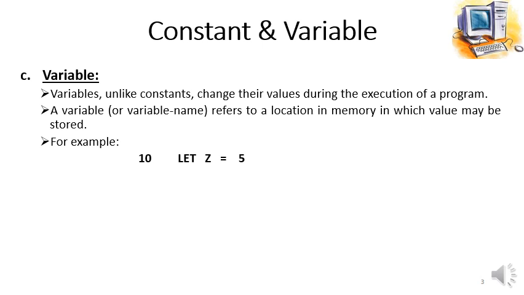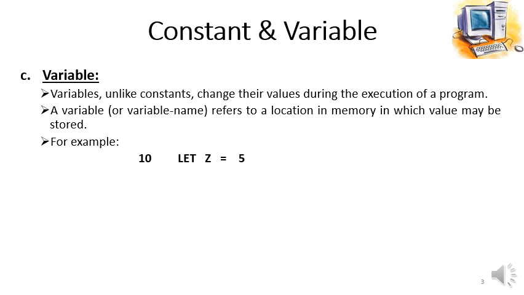So 10 is the line number, and the statement which is written in line number 10, that is let. Let is a reserved word for declaring and initializing any variable. Z is the variable name. The variable name that we have selected, that is capital Z, is equal to 5.